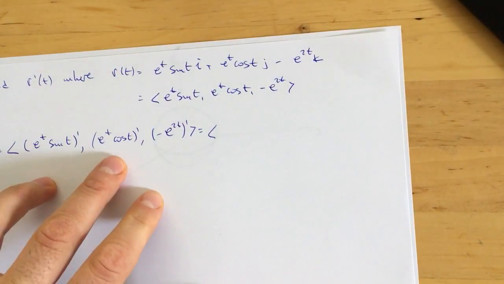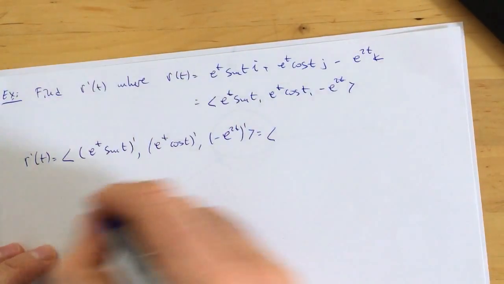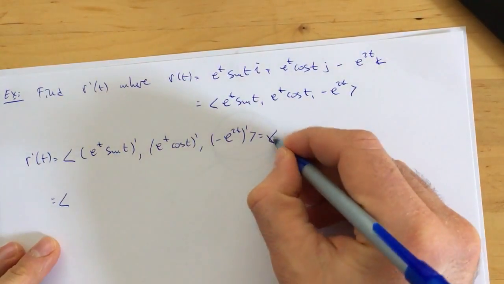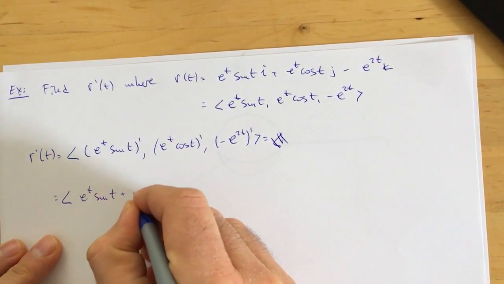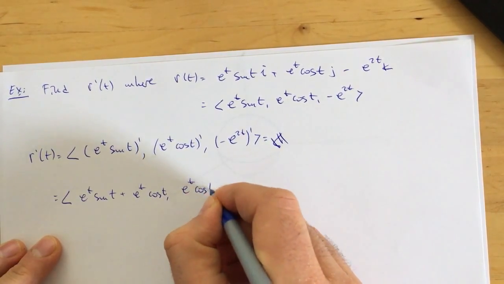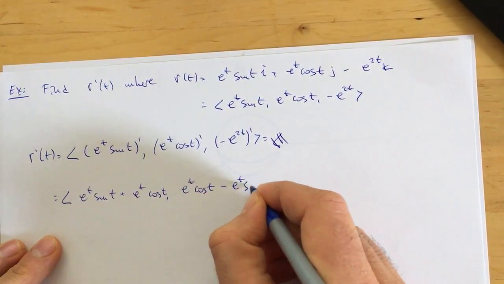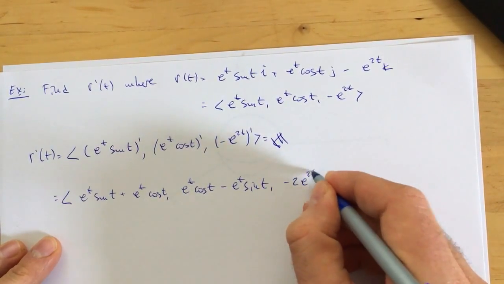Here I have to use in both cases the product rule, and here this is a simple chain rule. So this is e^t sine of t plus e^t cosine of t, e^t cosine of t minus e^t sine of t, and the last one is negative 2 e^(2t).